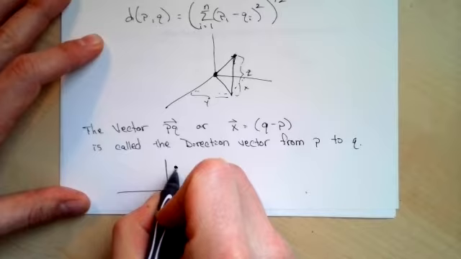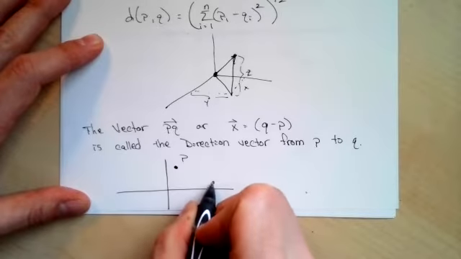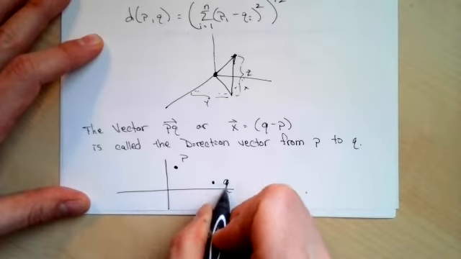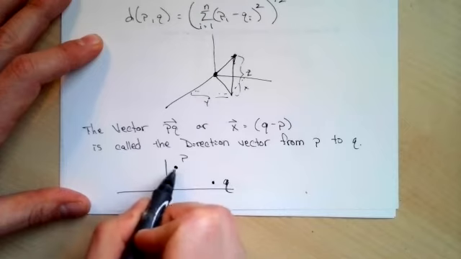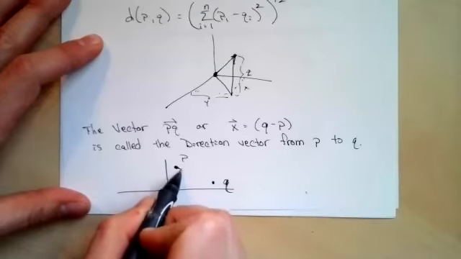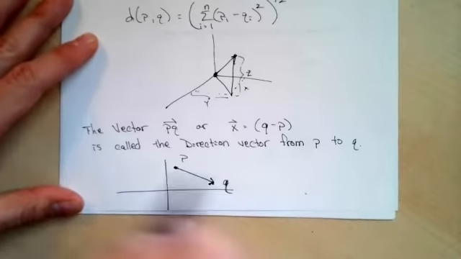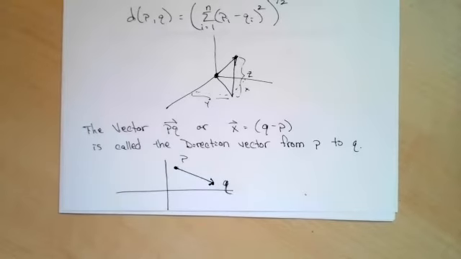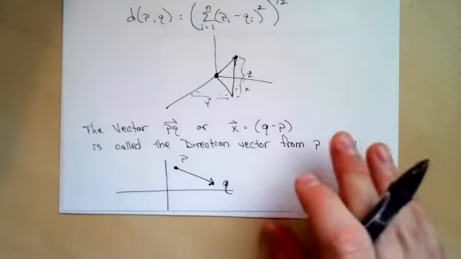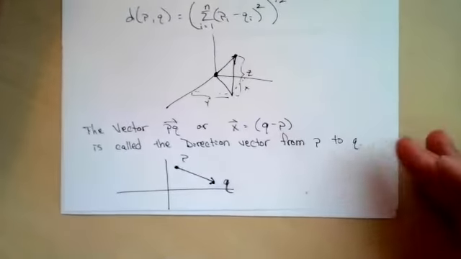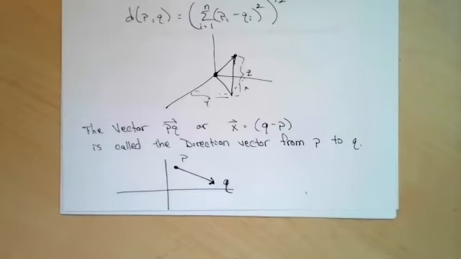Meaning, if we have some point P and some point Q, we think of this vector now starting from P and then going towards Q. So one thing to note, it is going to be a little weird because we're going to see some examples where we have these directional vectors that are not starting at the origin.